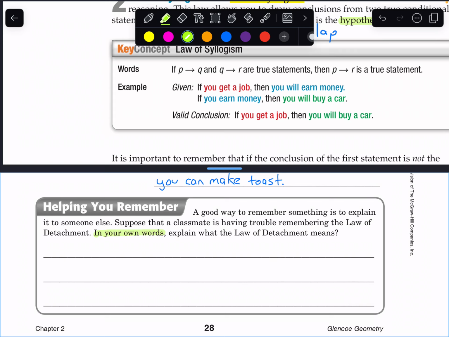If I write it, you'll copy me, and it won't be your own words. So I want everybody to come up with their own explanation here for what law of detachment means without simply copying the definition from above. And then come back to part 2 for the example problems.